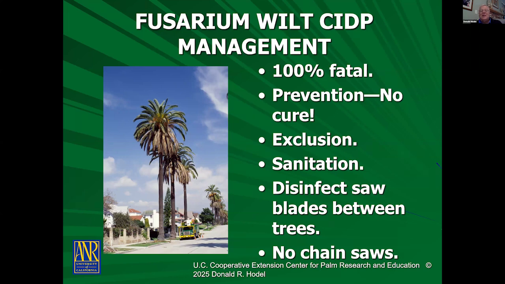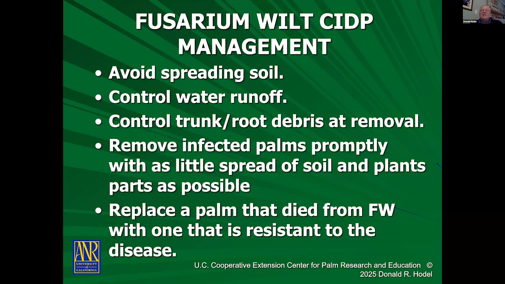Disinfect saw blades before moving to a new tree. Avoid spreading soil, control water runoff, control trunk and root debris at removal. Spread out plastic sheeting and plywood barriers to prevent the sawdust and grindings from spreading around the site.